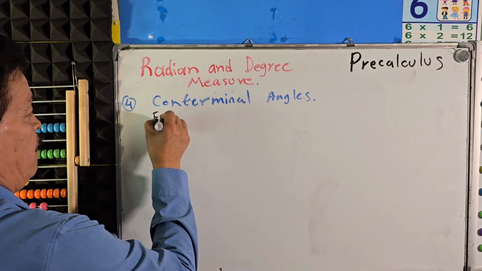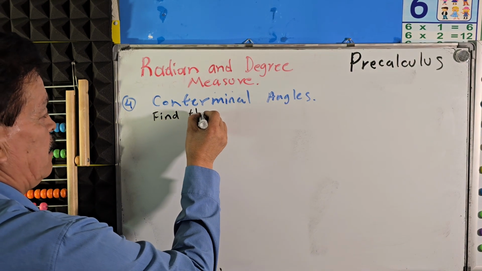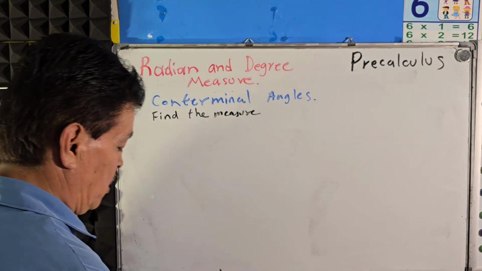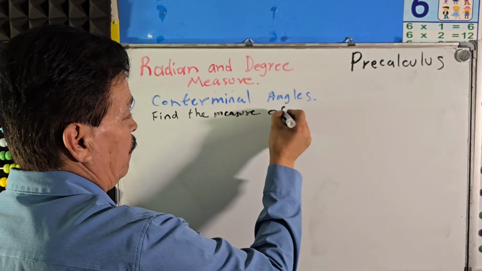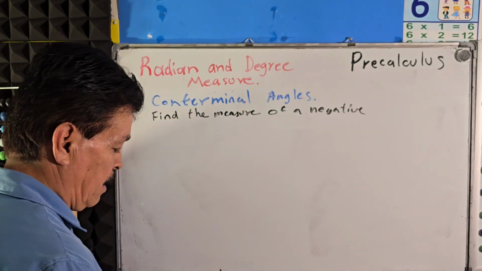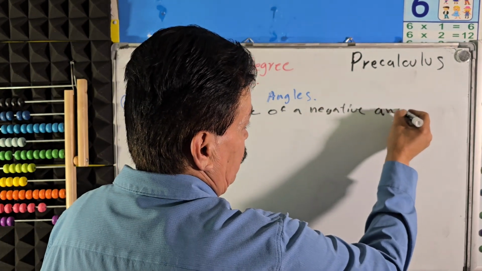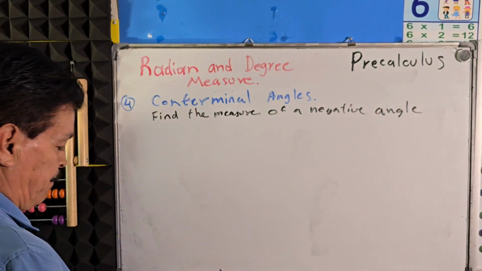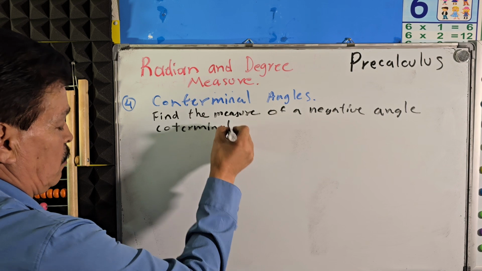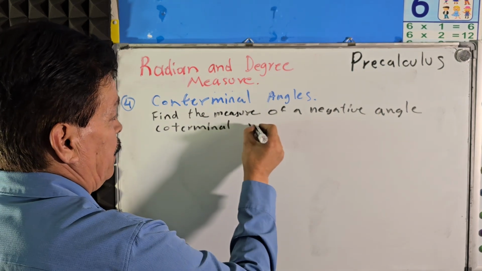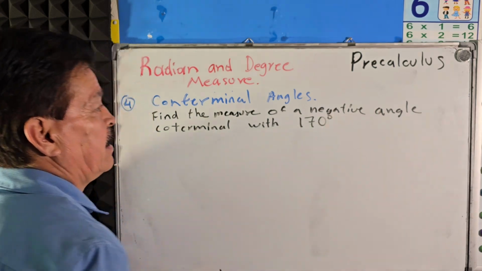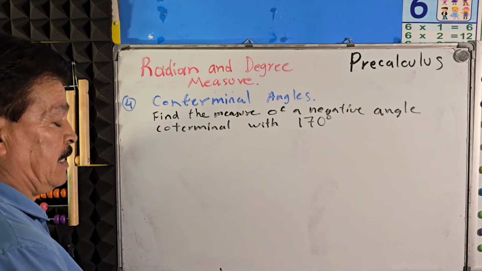We are talking about measuring a negative angle coterminal with 170 degrees. That's our problem.